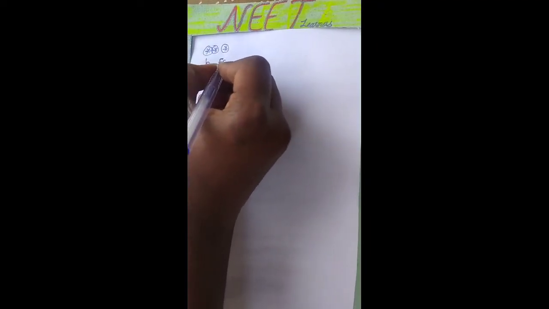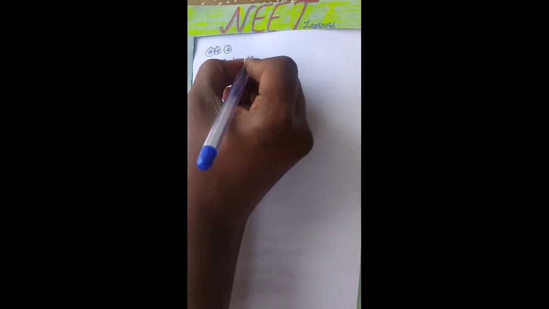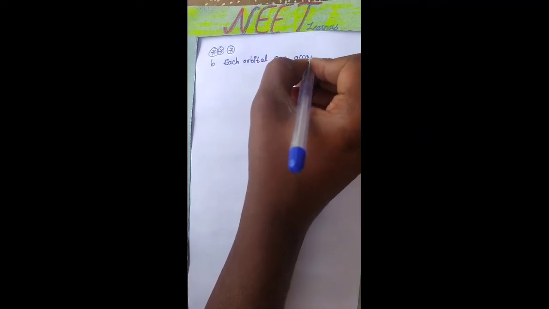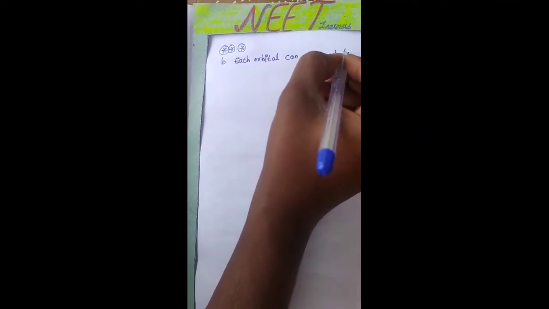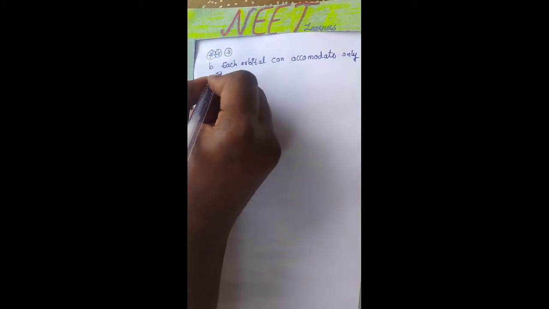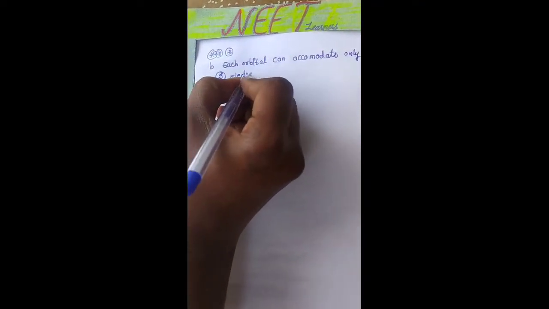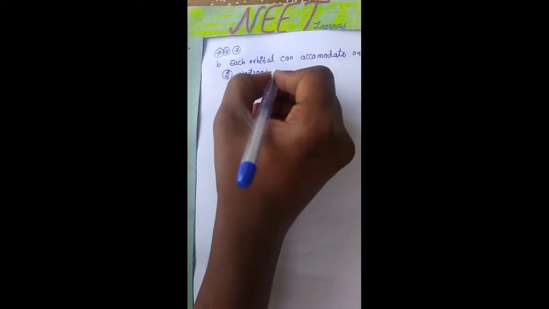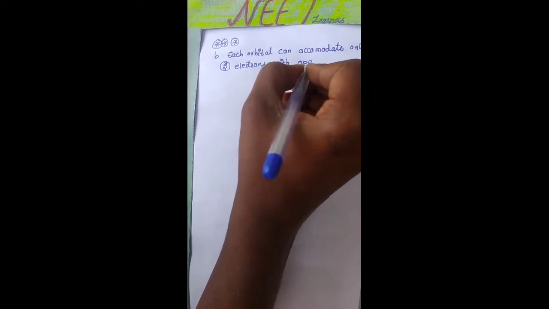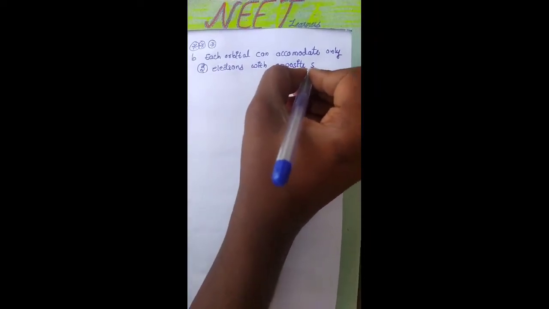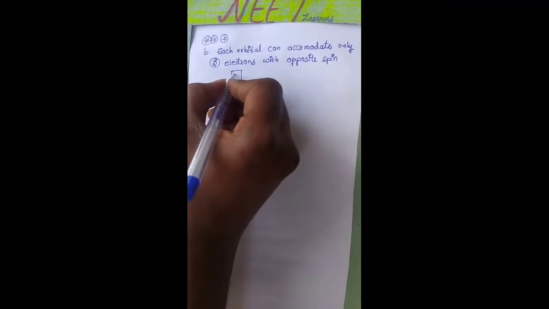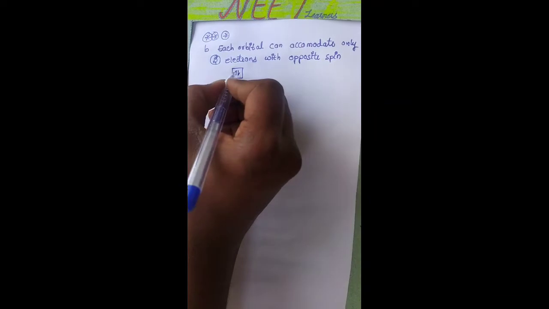The statement is, each orbital can accommodate only 2 electrons with compulsory opposite spin only. Means any orbital, students, accommodates only 2 electrons with opposite spin.